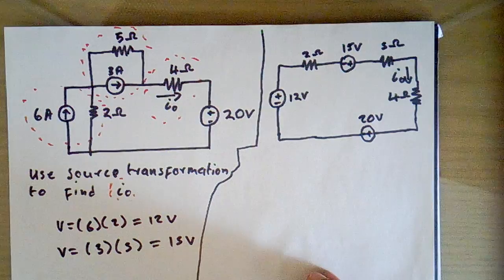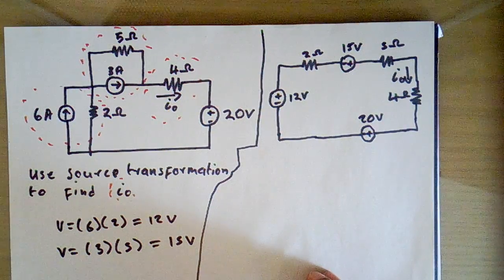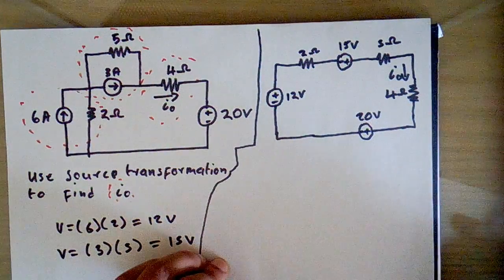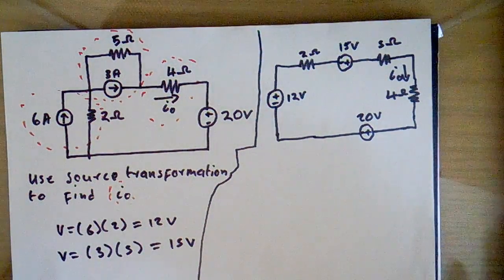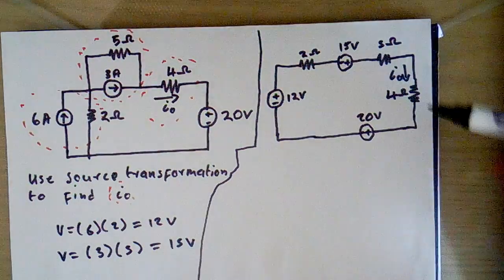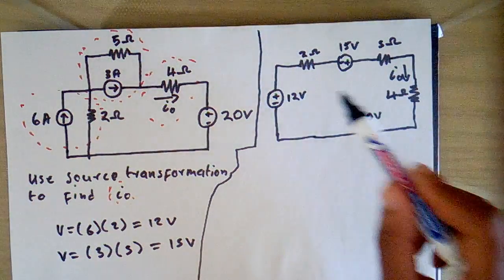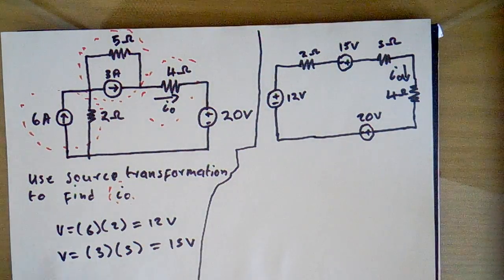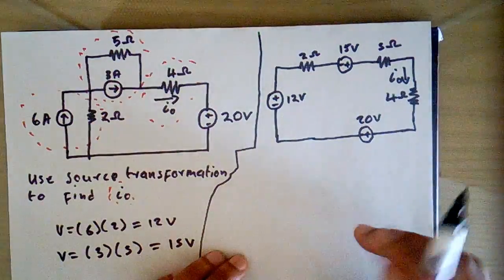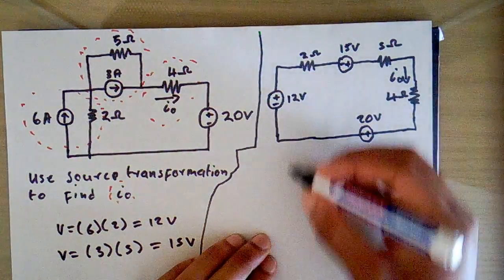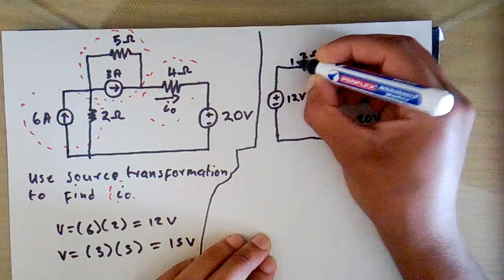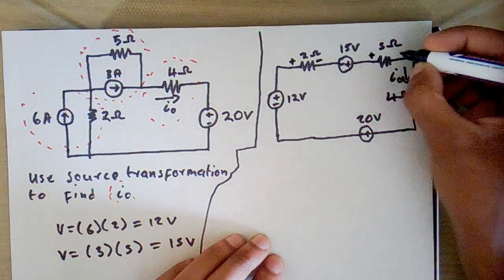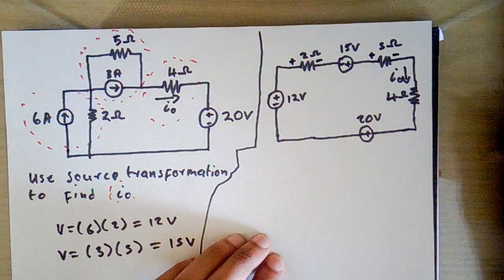So now looking at our new circuit, we can use Kirchhoff's law to form one equation, and that one equation we can use to find I0, because in a series circuit we know that our current is always the same, it's constant. So using Kirchhoff's law by applying KVL, this will be positive, this will be negative, and this will be positive, and this will be negative.